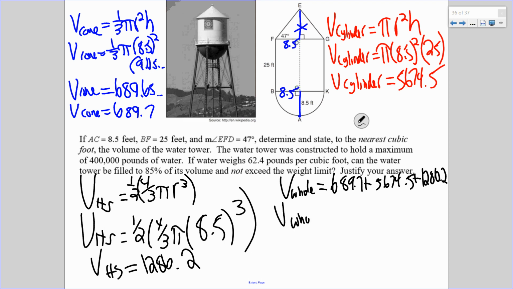The volume of the whole thing is, let's find out, 689.7 plus 5674.5 plus 1286.2 is, to the nearest, 7650 cubic feet.